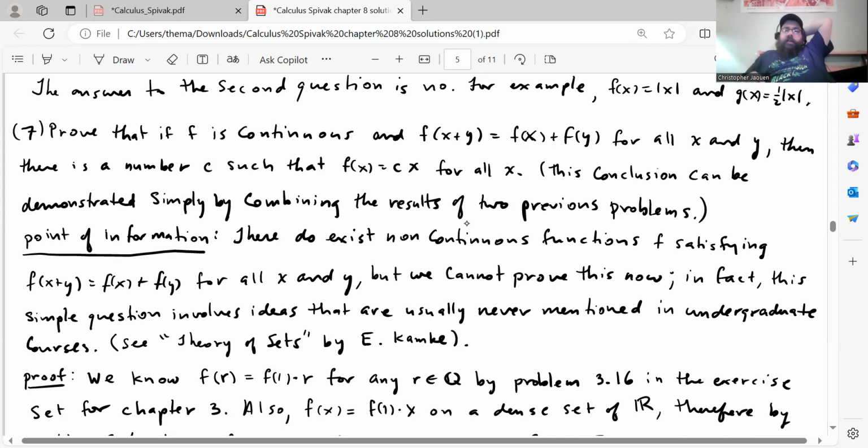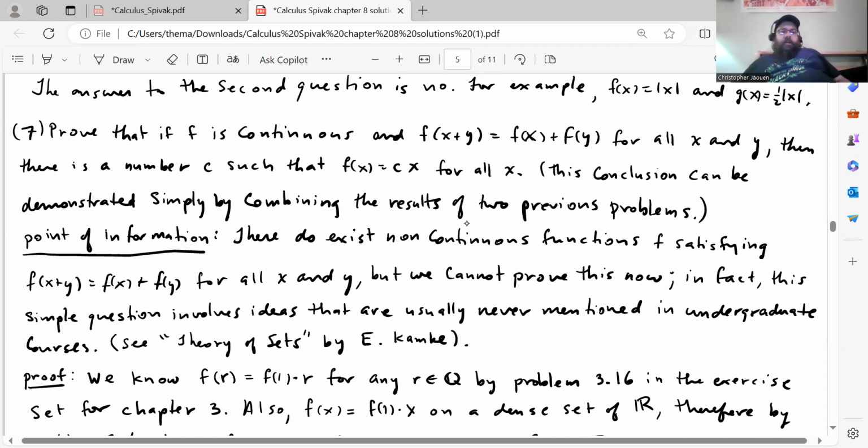If you want to see that, you can go to the exercise set solutions video on the channel. I'll say which problem it is in the proof. Also, from the previous problem that we just did, there's something we need for that.